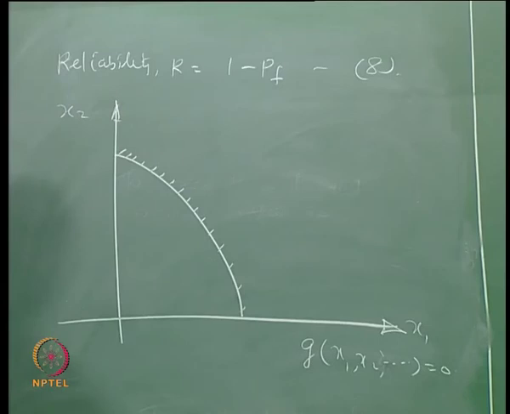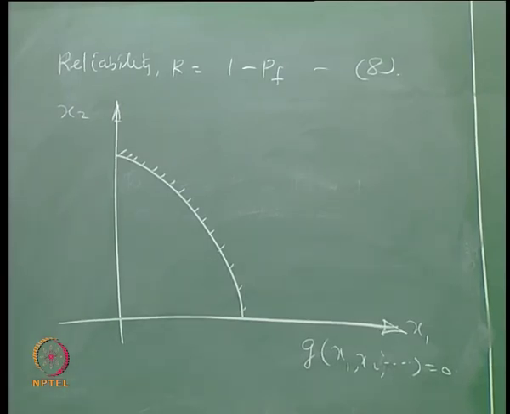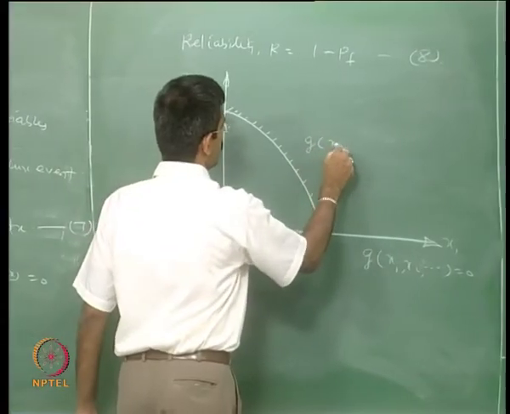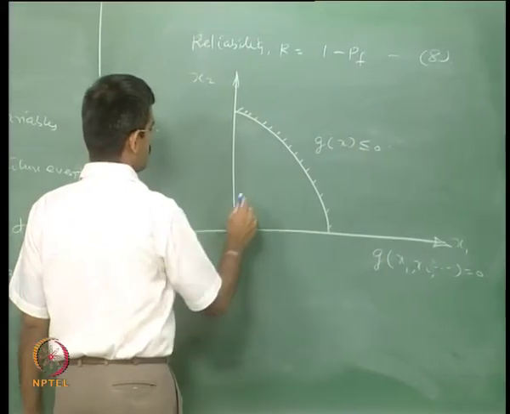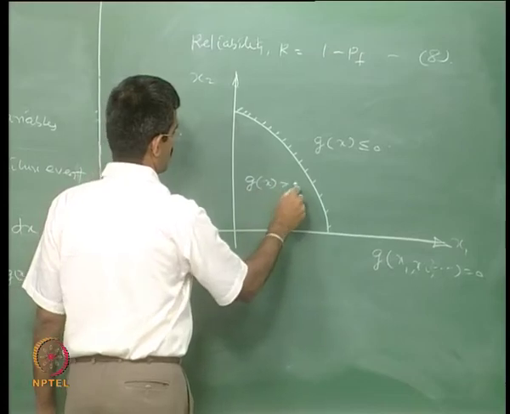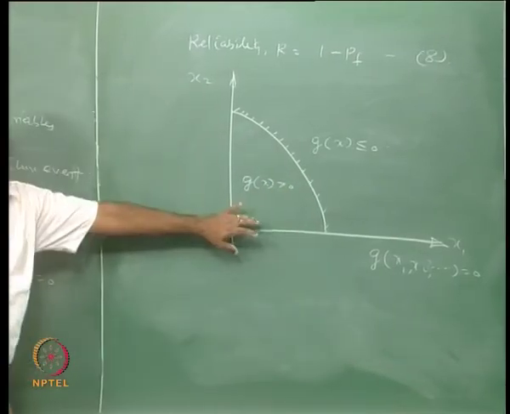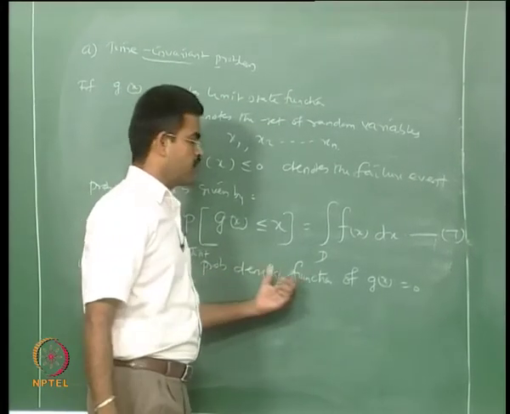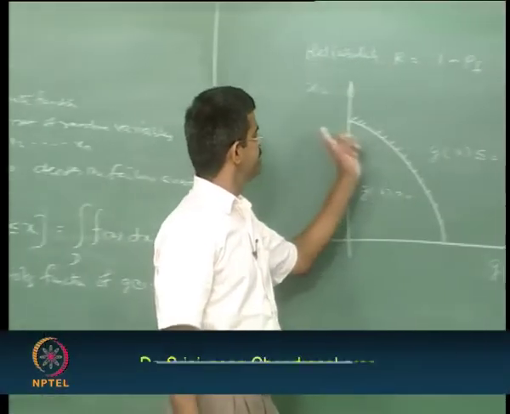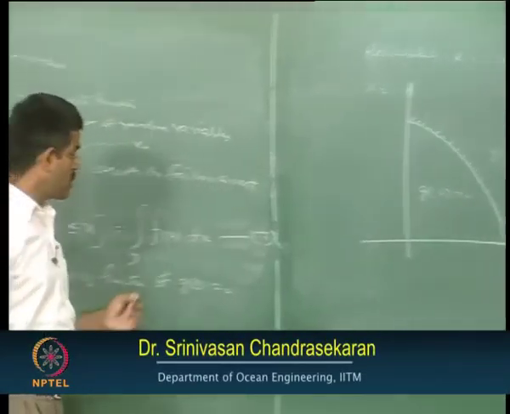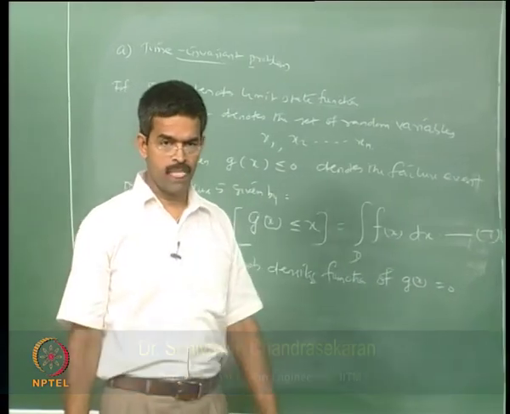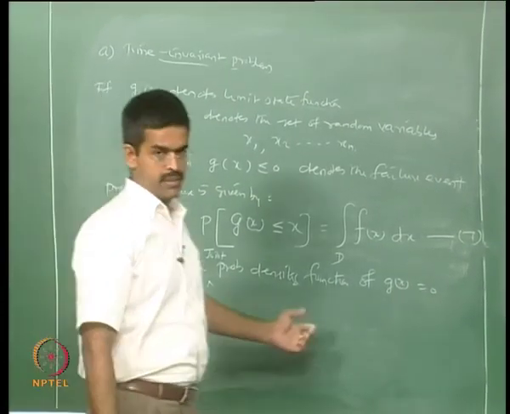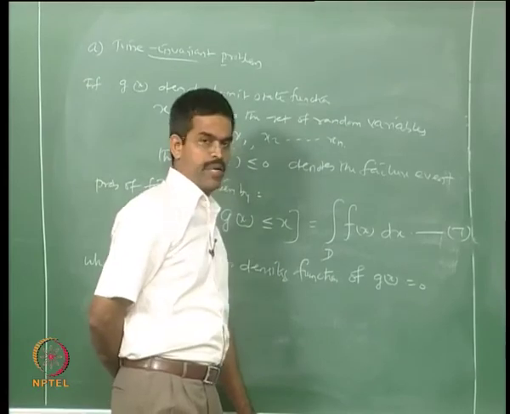This is my failure domain. Anything outside the domain is a failure. So, this is a safe domain. So, you must integrate the joint probability density function over this domain. That is one kind of uncertainty. Okay, it is very complex. That is why it cannot be accurate.